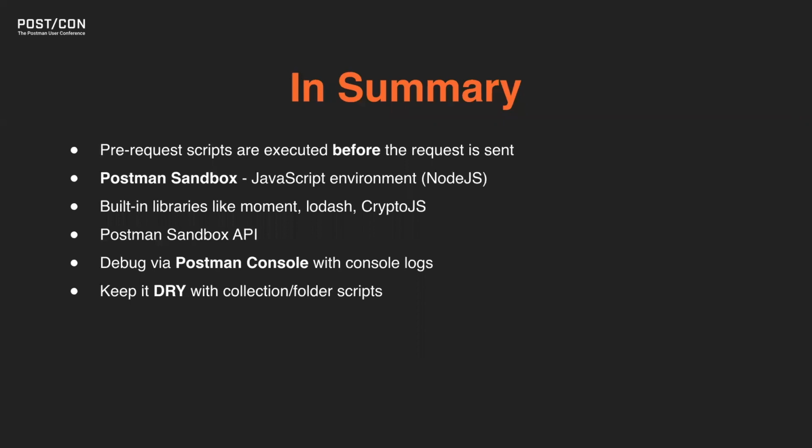And I will post that up again, but it is good to just Google Postman Sandbox Reference API. In addition, we can use the Postman console to debug our scripts and to look at our requests. And we can keep things DRY by separating our scripts out to collection, folder, and request levels.